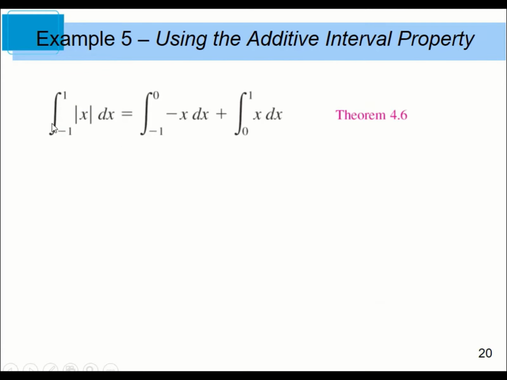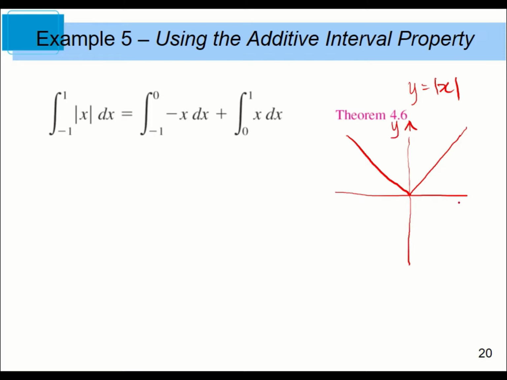Now if we integrate the absolute value of x from -1 to 1, we can actually split this into two. What is the graph of absolute x? Absolute x means that y is always positive.